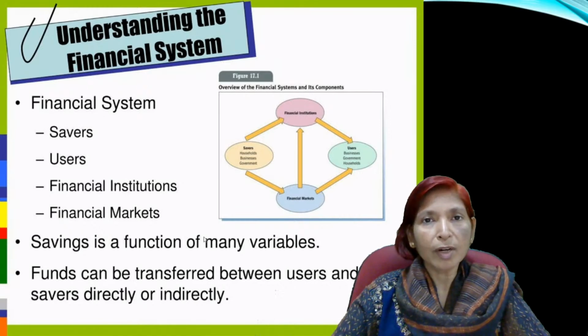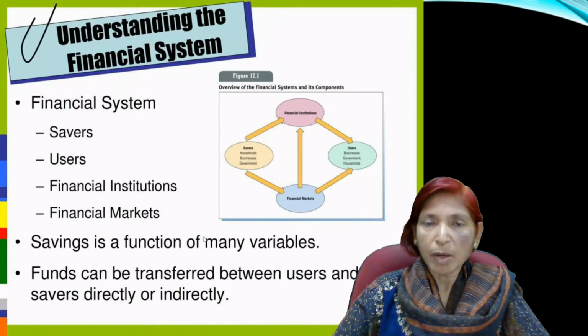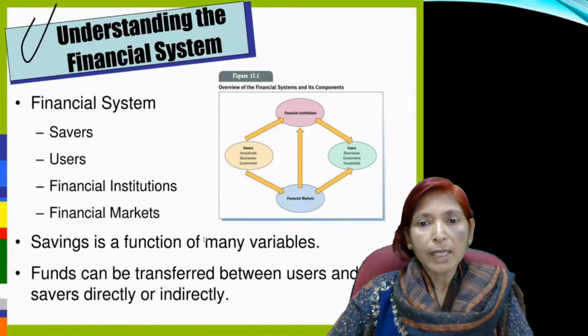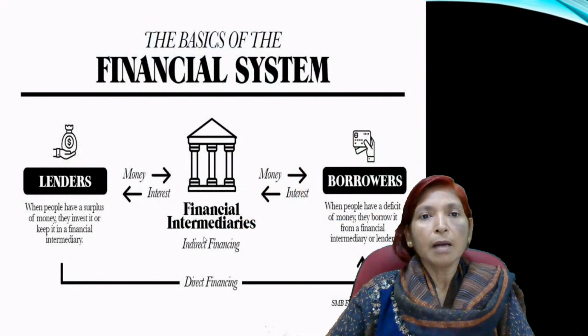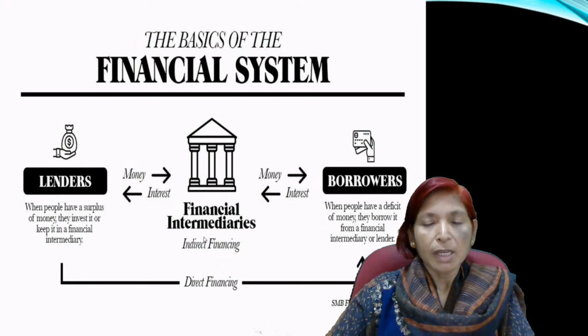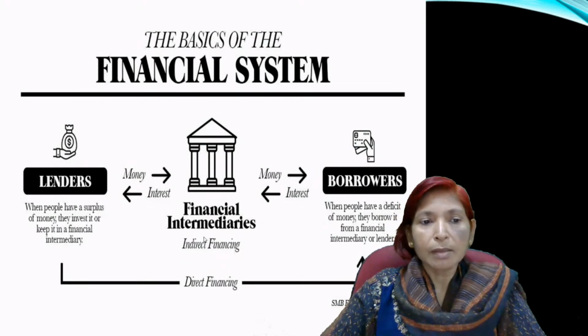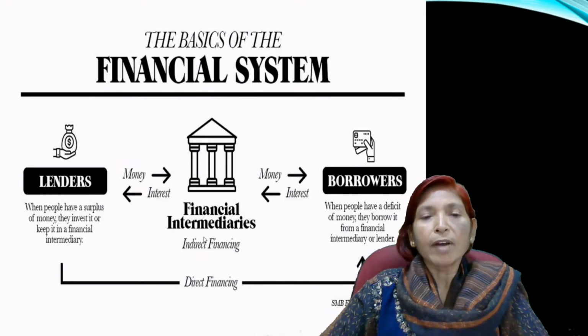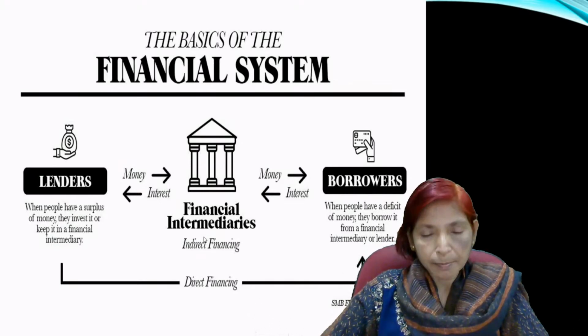So funds are transferred from savers to users, directly or indirectly. Now next is the basics of the financial system. In this financial system, in between there are financial intermediaries.